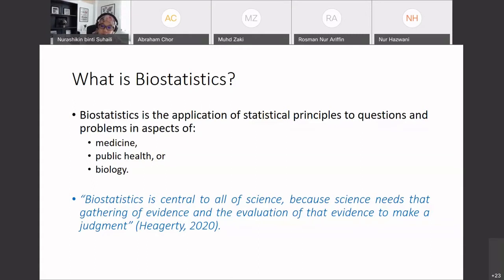We need to convert the primary or raw data to secondary data that gives meaning. I'll talk about it later, but that is the importance of statistics in the biological field, or in biotech specifically.